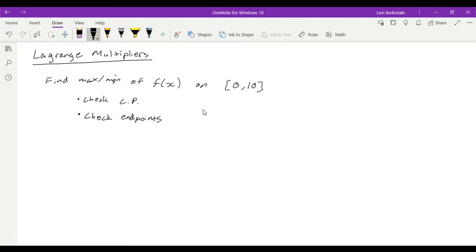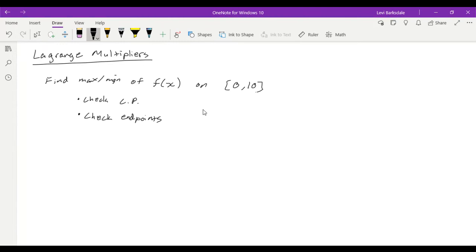So we have to do something similar when we're looking at functions of multiple variables. But with functions of multiple variables, rather than having just two endpoints, we might have like a whole boundary.